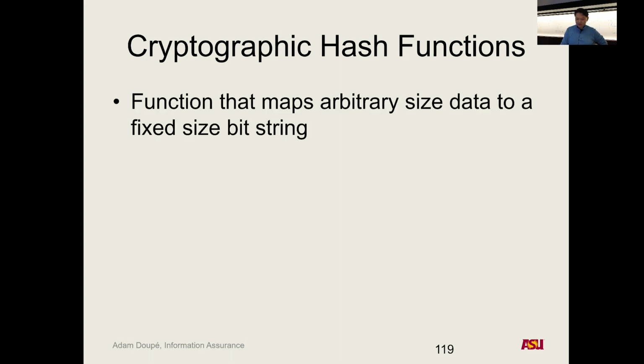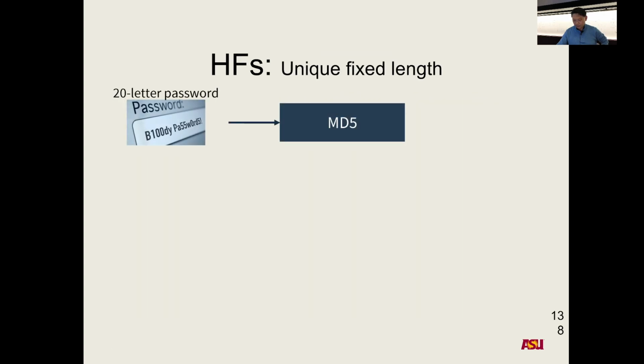The hash function maps arbitrary size data to a fixed size string. What does that mean? Let's figure this out. When I input a 20-letter password, a hash function, for example MD5, produces a 128-bit digest.